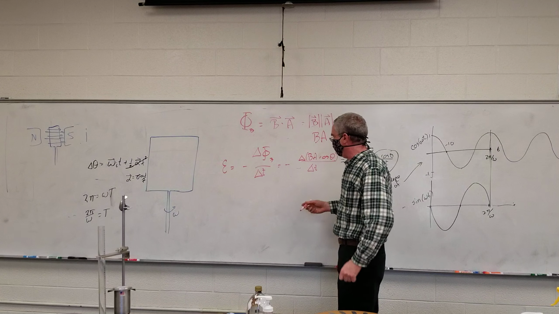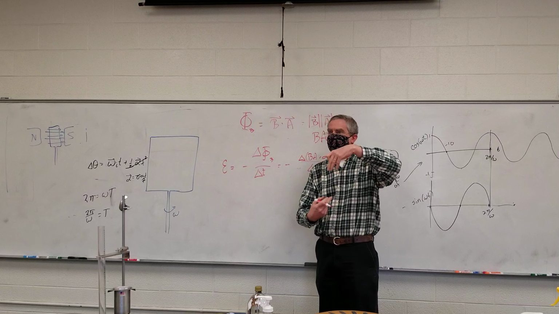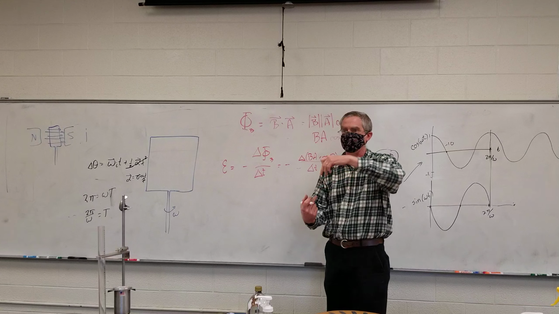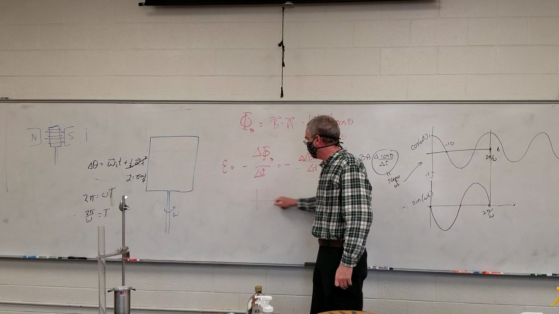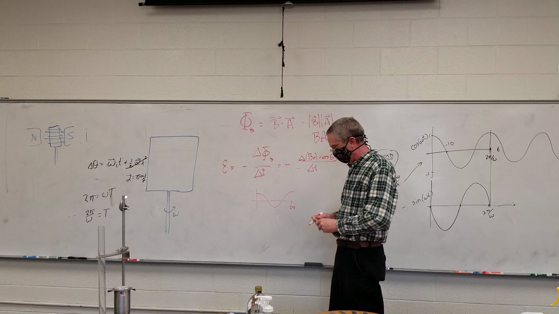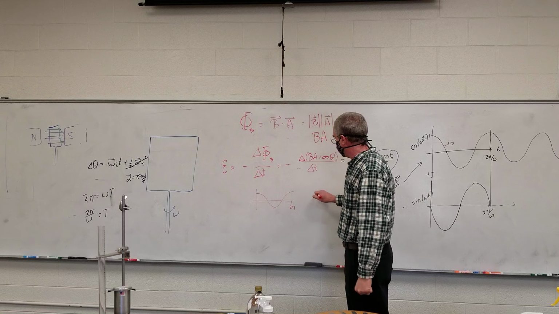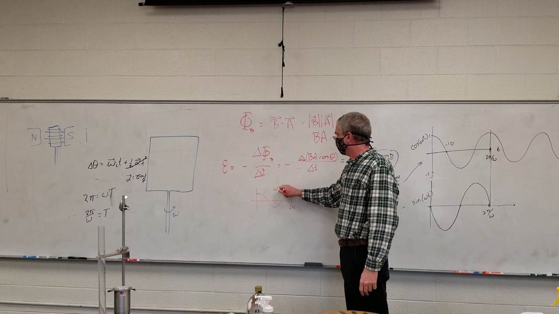So if omega is 1 radian per second, my period would be 2 pi. In other words, my cosine graph would look like this, and that would be 2 pi. And then suddenly I make omega 2 radians per second. So this is omega equal to 1 radian per second.